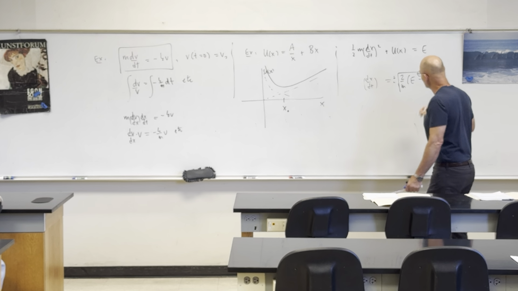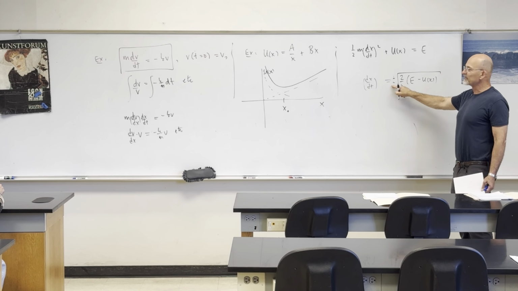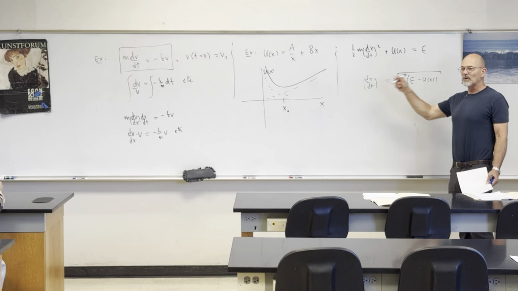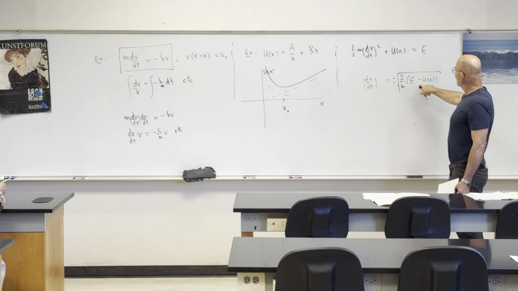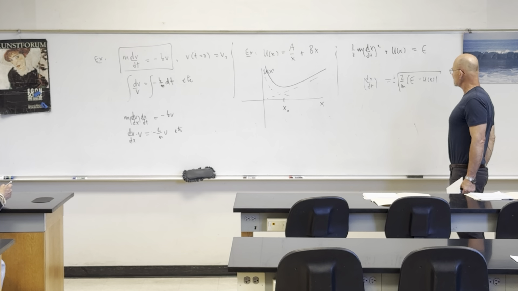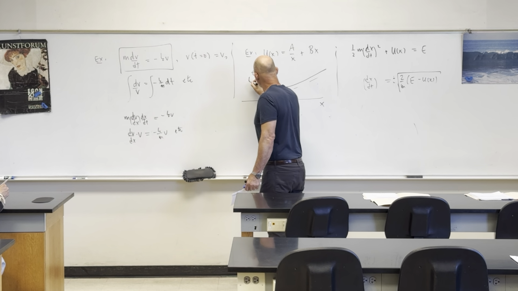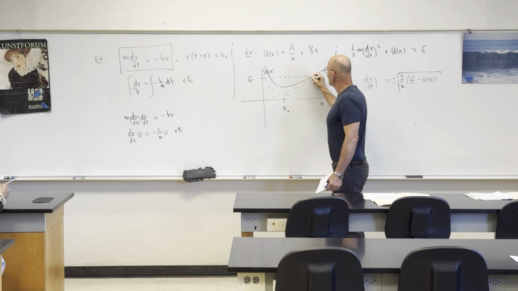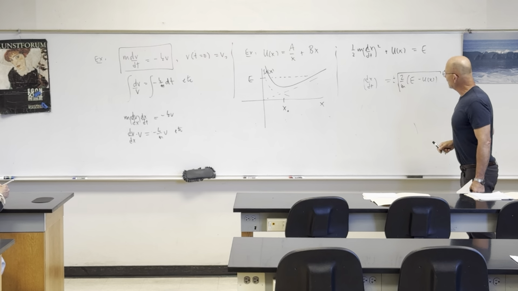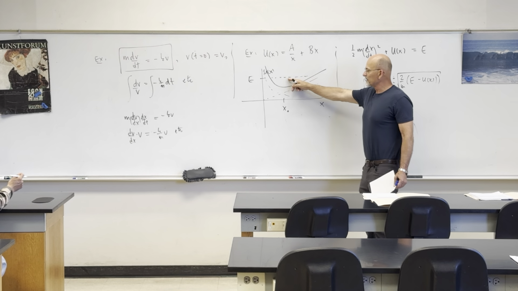We've seen these things a few times. So there's the velocity. The plus or minus sign has meaning. It's either going in one direction or the other direction. And this E minus U of x, if you just took this thing here and said, okay, let's let that be E, E minus U of x is the difference between the dotted line and the function.